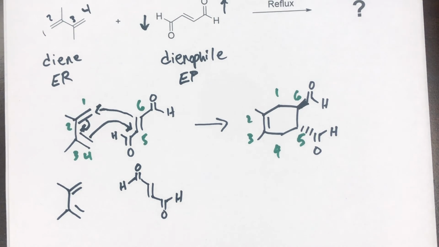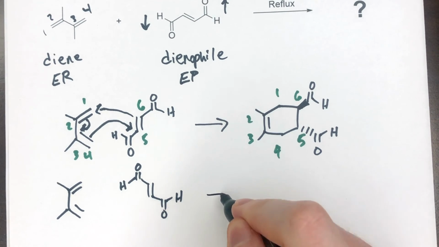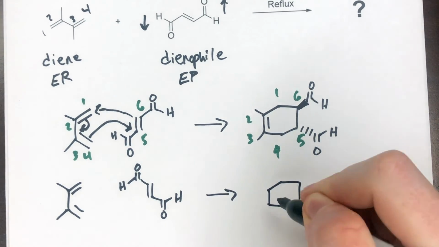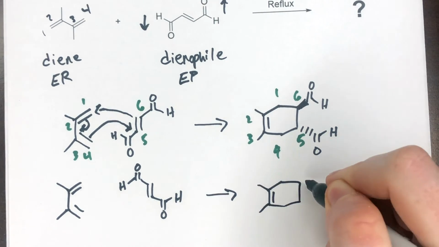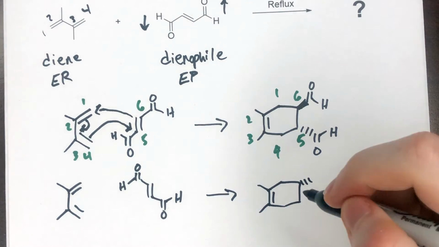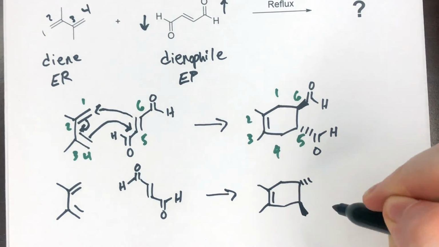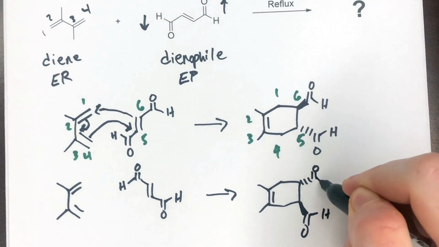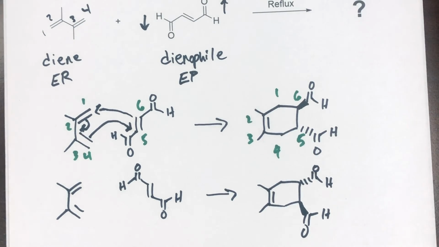You will get both approaches because they're both going to be this trans, but now you're going to get different molecules in terms of the three-dimensionality. So if I draw this product now, this is going to be an endo approach on the inside and an exo approach on the outside. So we'll get this type of orientation. Now, if you compare these two, they're enantiomers.